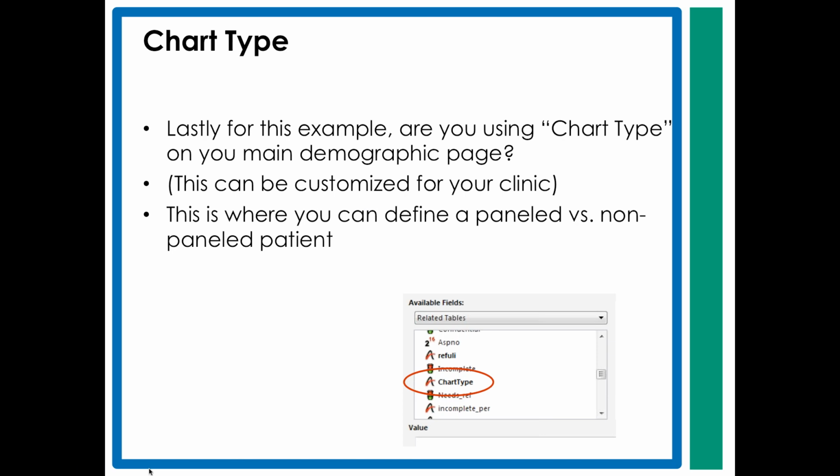Just a question, Laurie, what are some other examples of chart types that you've seen? In this clinic, there are some different consultation services that the physicians offer. For one, we named the physician, so we have Dr. Doe consult, because he just does a specific type of consult.